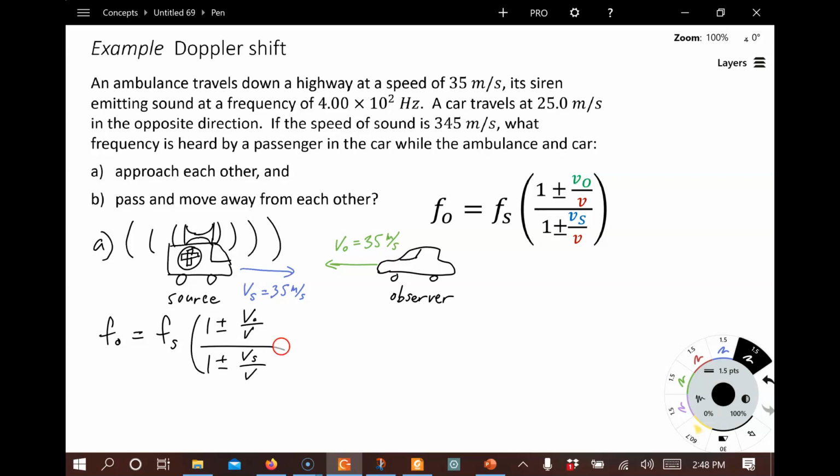And if we look at the speed of sound, that is just v in the denominator. So let's look at the observer. The observer is moving towards the source, and so that means they're going to cause the frequency to increase. So this overall thing needs to go up based on the observer. That means we're going to choose the plus sign here.